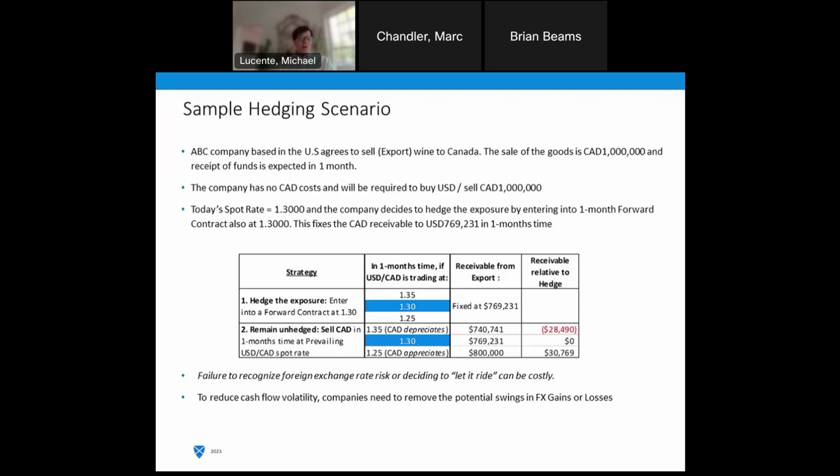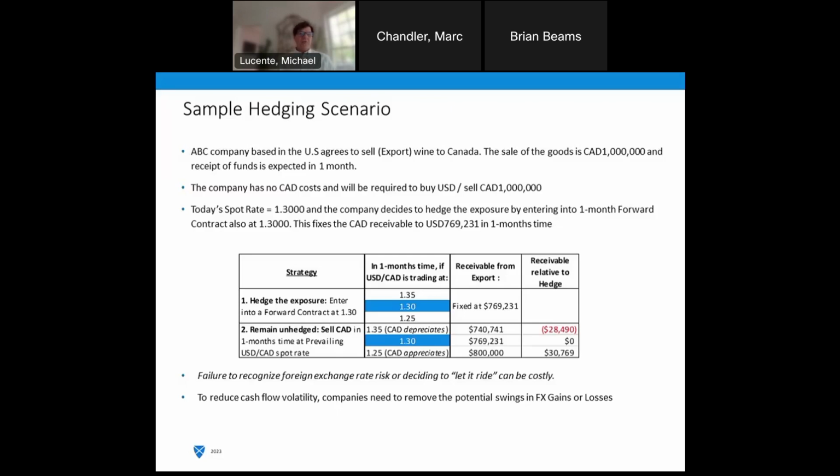If that occurred, the company, instead of receiving $769,231, they'd receive $740,000. And they'd have a loss against the time that they executed the sale of that wine of over $28,000.